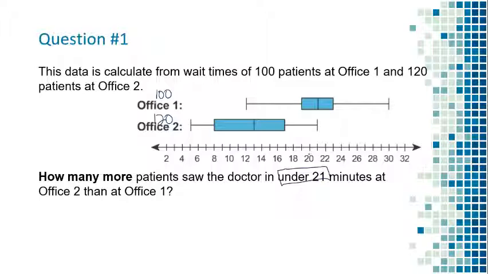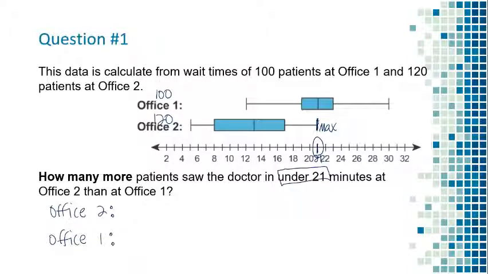Okay, here are our minutes. Right here, this is 21. Notice that I'm going to label Office 2. We want to know how many people waited under 21 minutes at Office 2 versus Office 1. Look at Office 2: my maximum is 21.